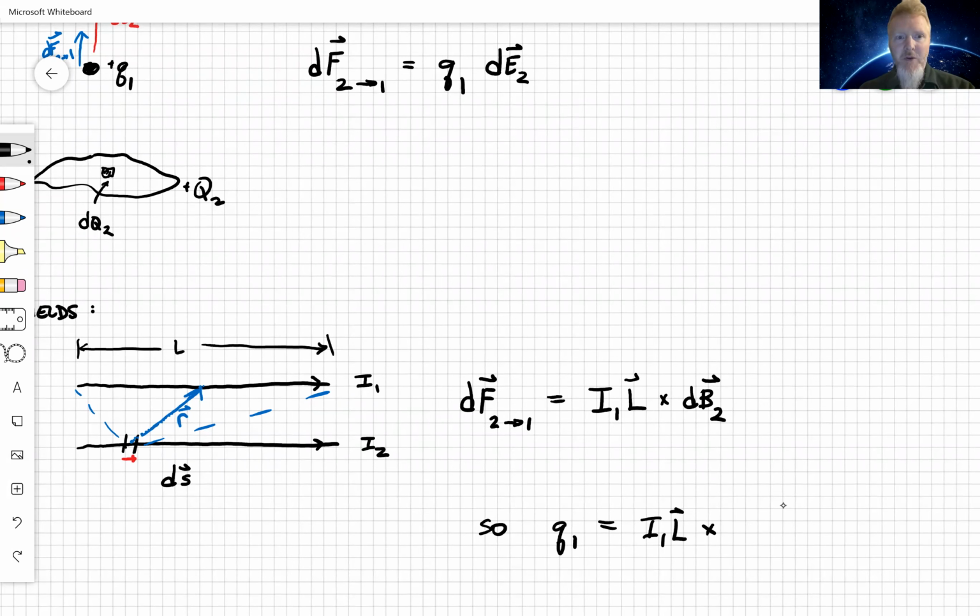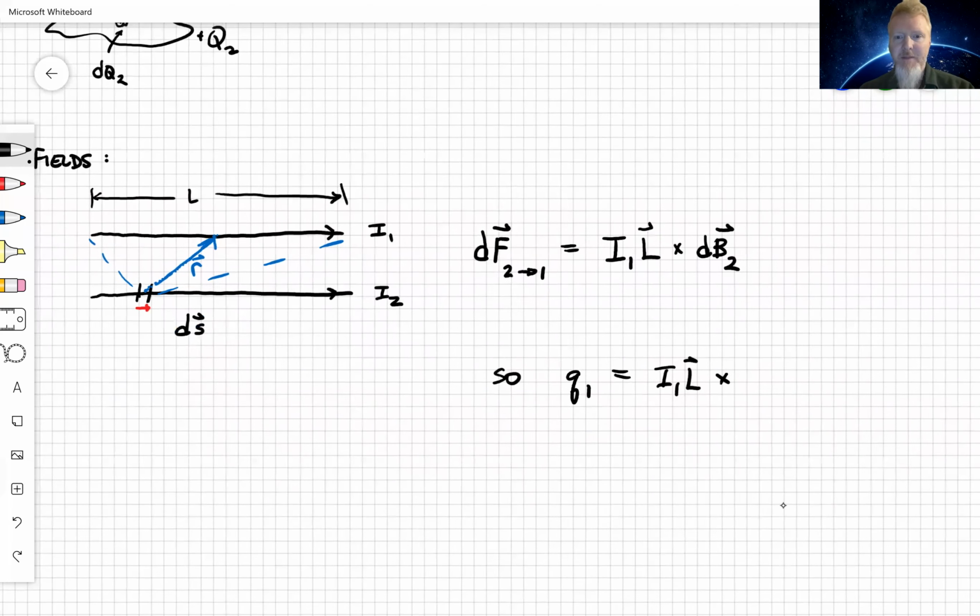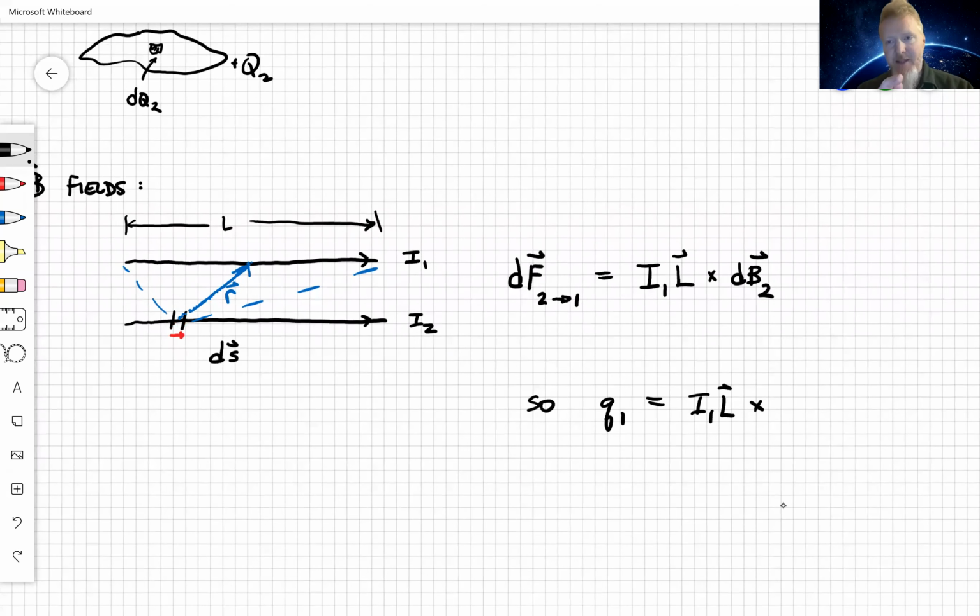Okay. So if I look at Q1 as being I1L crossed with something, and I'm realizing that the force on Q1 came from dQ2. So then what we're going to say then is that if I have a Q, then I'm going to replace it with an I1L cross the field.